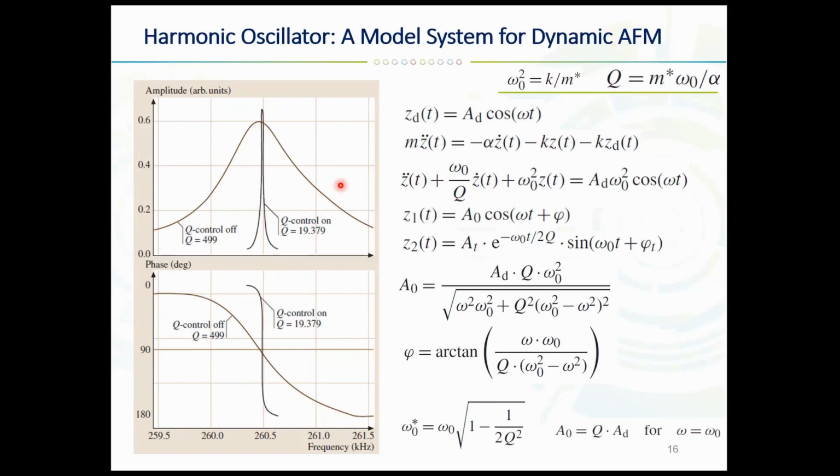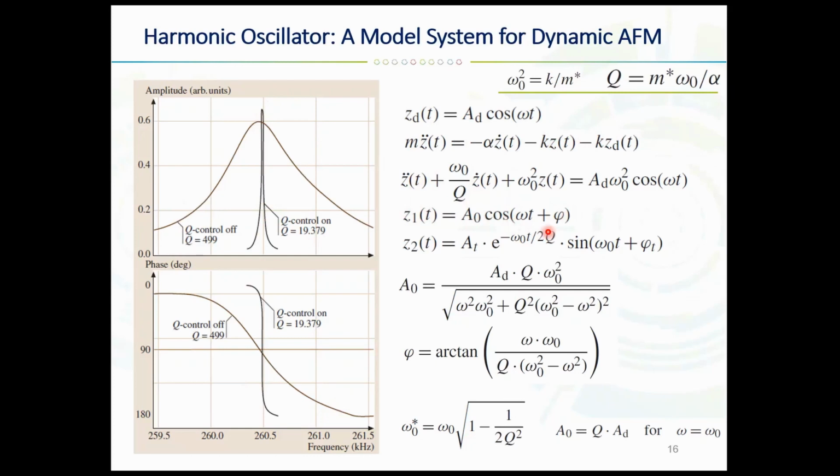The steady state solution, this is Z1, can be reached after 2 quality factor oscillation cycles, and will follow the external excitation with the amplitude A0 and the phase difference phi here.